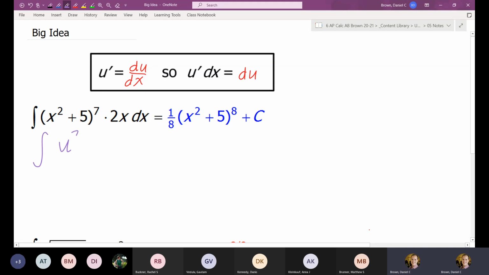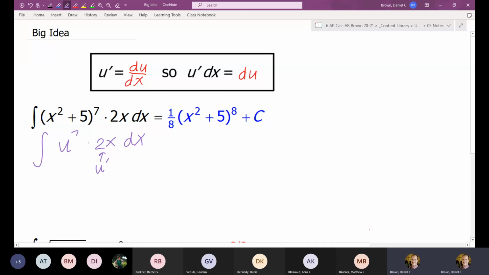We see that u prime times dx is equal to du. Why is that important? Well, u is this x squared plus 5. What would be the derivative of that inside? 2x. So that's the derivative of the inside, and that is with respect to dx.